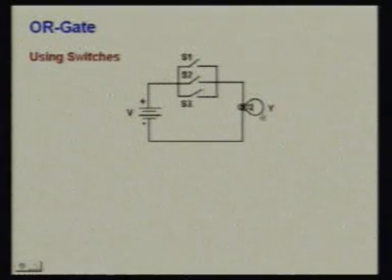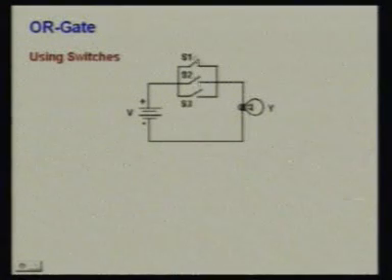Similarly, when the bulb glows, we will recognize it as 1 state, and when it does not glow, we recognize it as a 0 state. From this circuit, if S1 is closed but the other 2 switches S2 and S3 are not closed, then the current will flow through S1 to the bulb, and this bulb will glow.